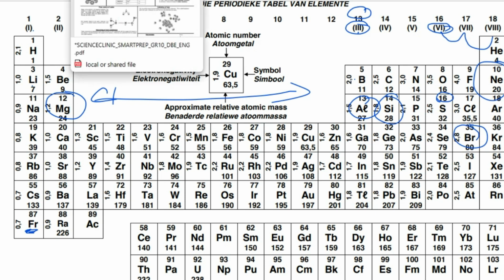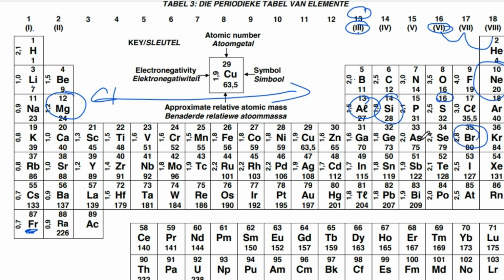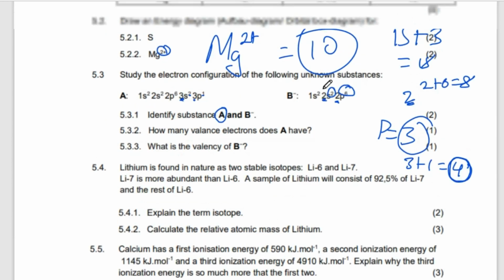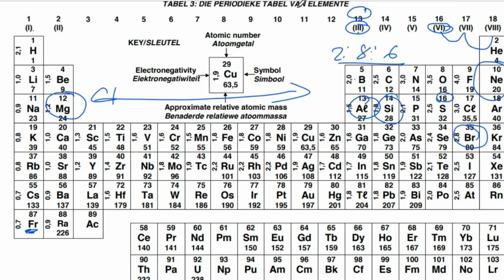If you feel like you can't get it, this is what you can do. You use the octet rule. So you say 2, 8, that's 10, 6. You see, it is in group 6, meaning that the valence is 6. And then the valence electrons are going to be 8.